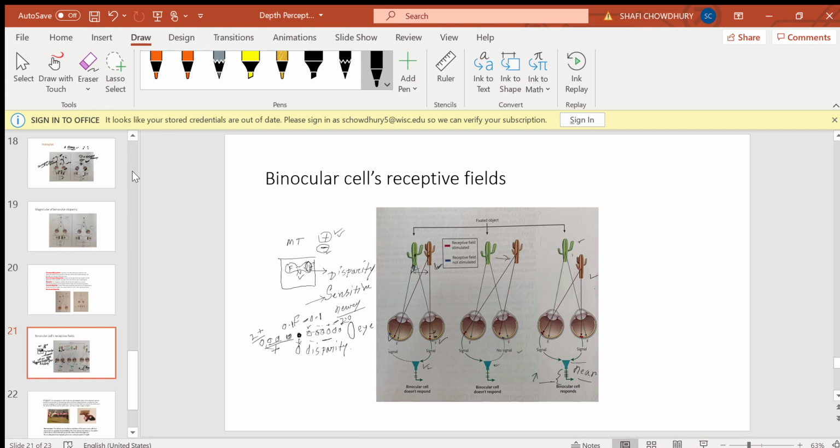That is the distance. Not all the near neurons will like this one. Probably the object should be here to excite that neuron. Make sense? Some neurons will be excited if you move the object here, some neuron will be excited with the object here.